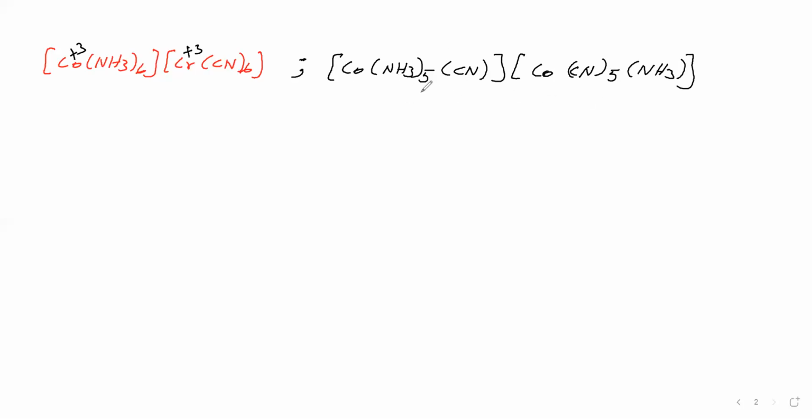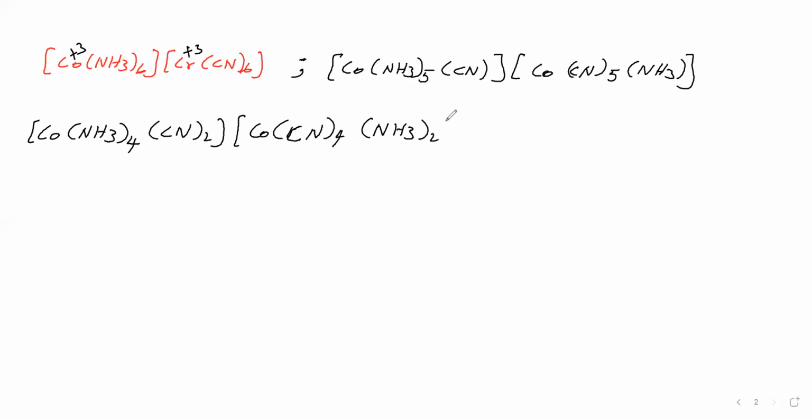Now again let us interchange one ligand in each. Here one NH3, here one cyanide. We will get Co(NH3)4(CN)2, Cr(CN)4(NH3)2. Let us interchange one more ligand.